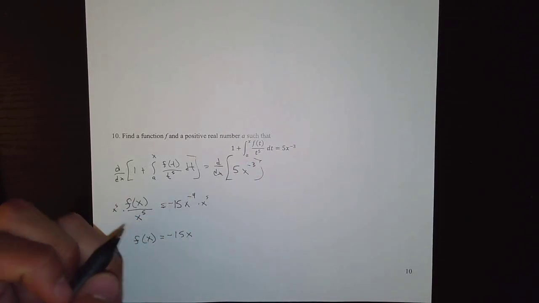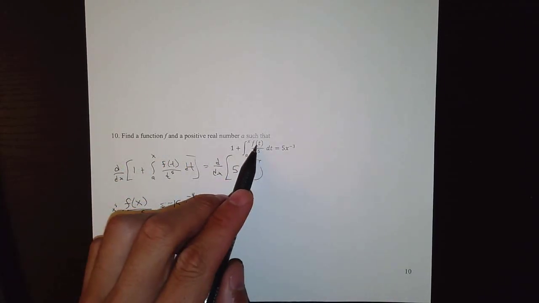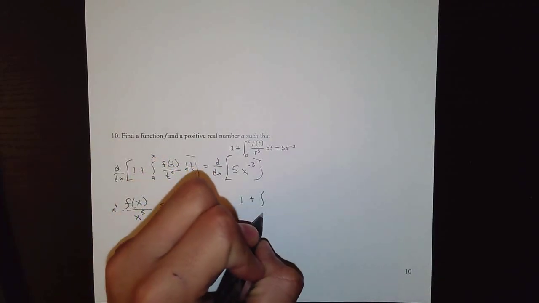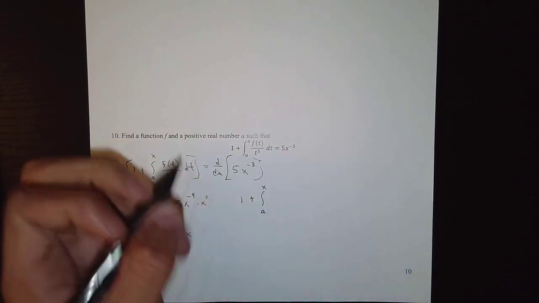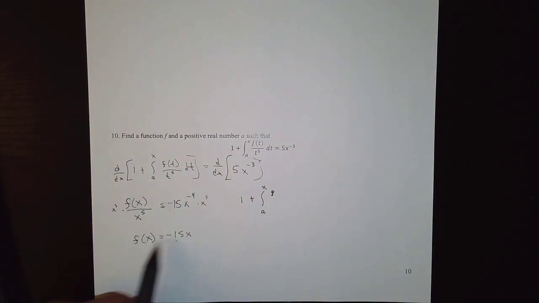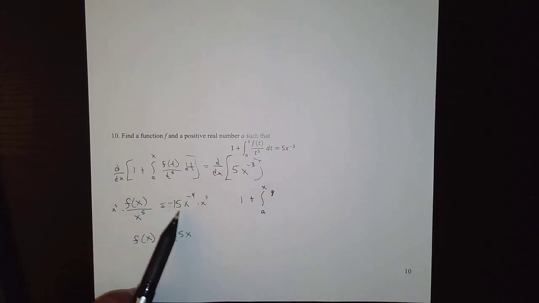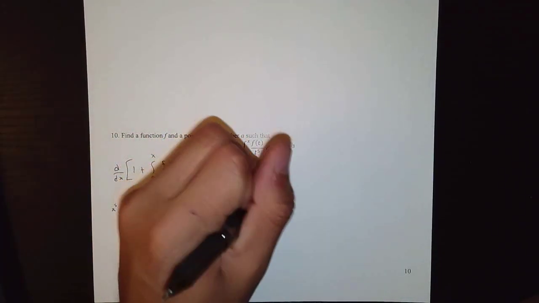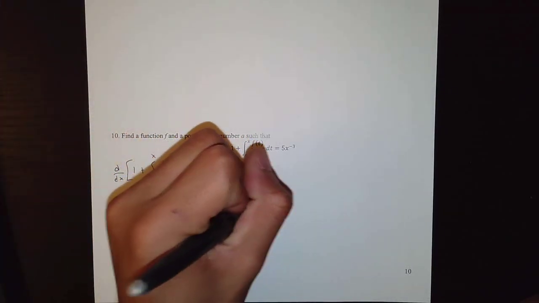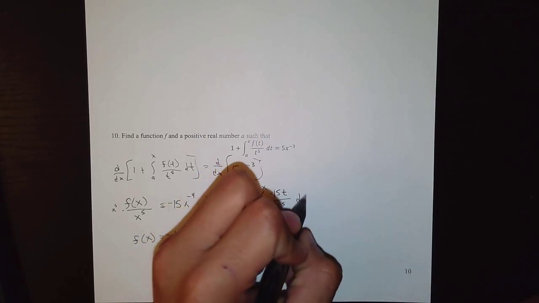And so what we should do is plug in our f of x, but instead the variable is t in this case, so our x will be replaced with a t. And so I would replace f of t up here with negative 15t, divided by t to the fifth power dt.